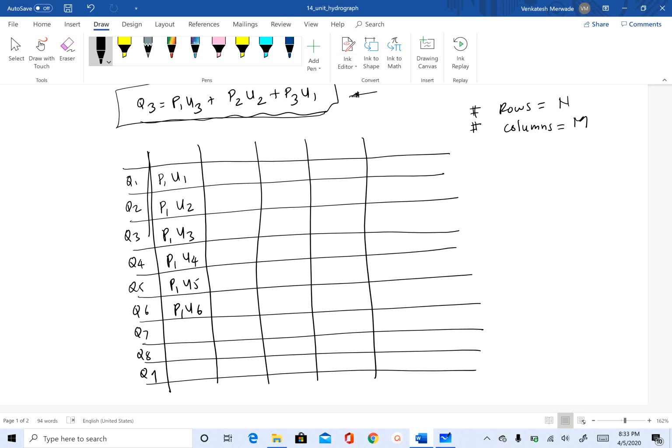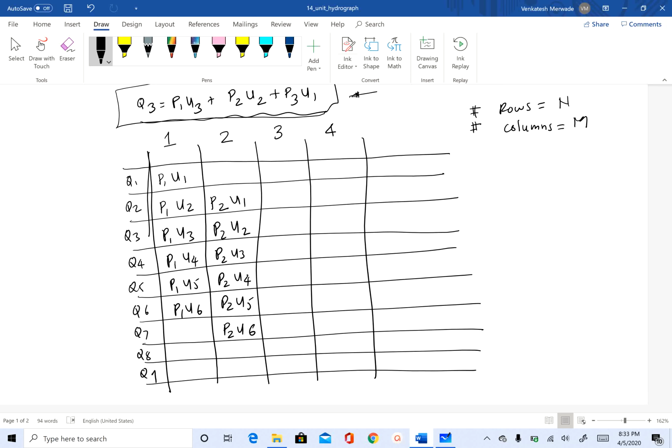Instead of P1, I'm going to use P2 because I'm in the second column. So P2 U1, P2 U2, P2 U3, P2 U4, P2 U5, P2 U6.